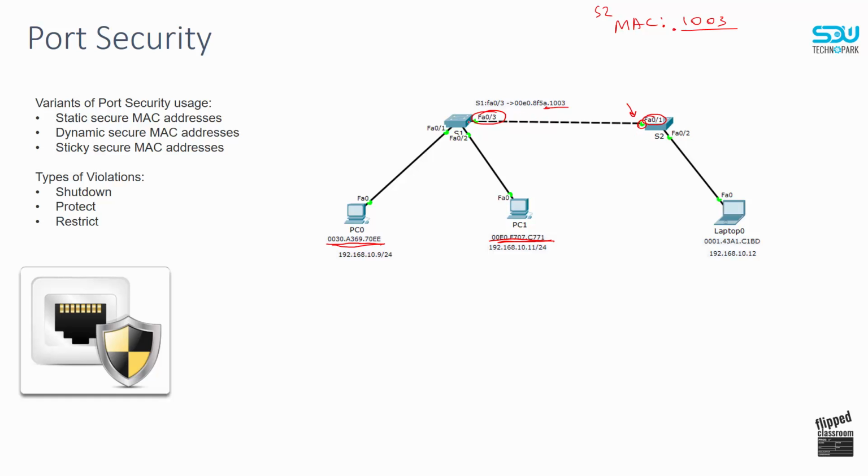How to do it? First of all, in switch 2, in global configuration mode, we'll enter the configuration of interface FA01, sorry, so let me delete it.